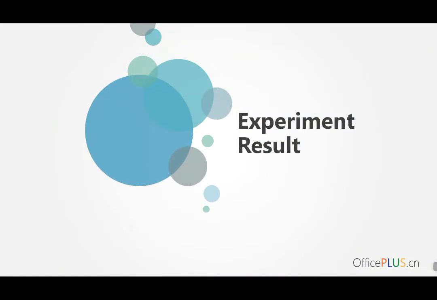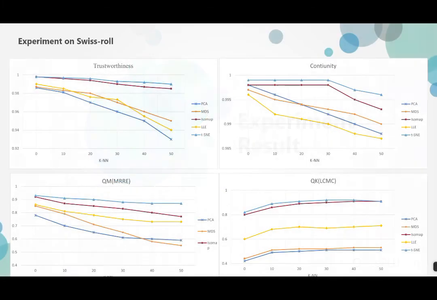And now, let's pay attention to the results of the experiment. In this project, except Swiss roll, two other datasets are also used in the experiment. They are S-curve and a real dataset PBMC, which is a human gene expression matrix.